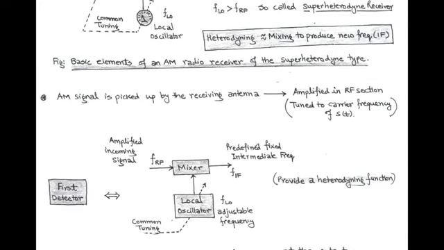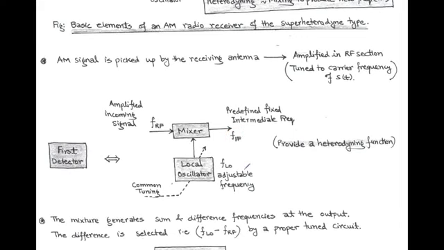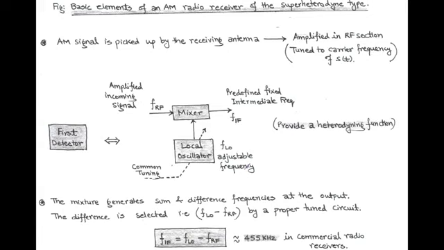Another input is the local oscillator frequency, that is adjustable while always kept high with respect to the input radio frequency. The output of the mixer is the sum and difference of the input frequencies, that is f_RF and f_LO, and this provides the superheterodyne function.